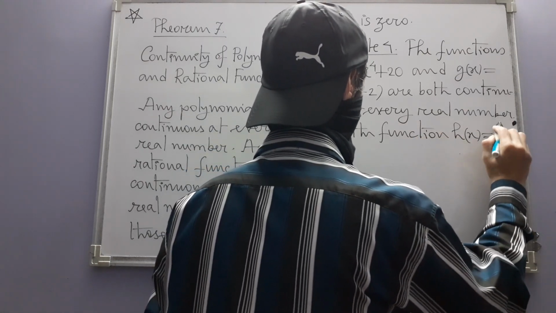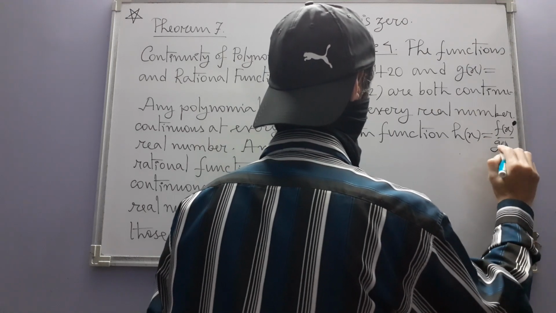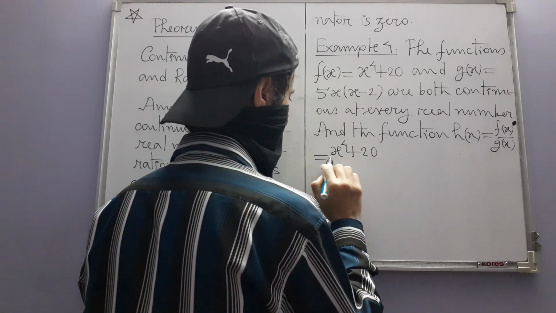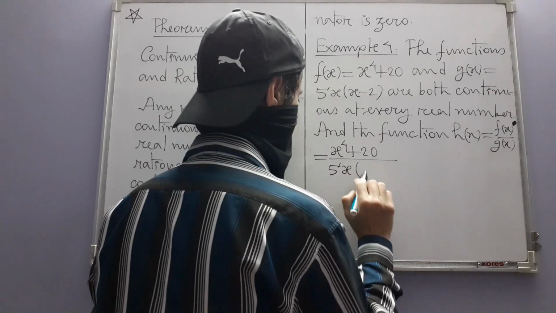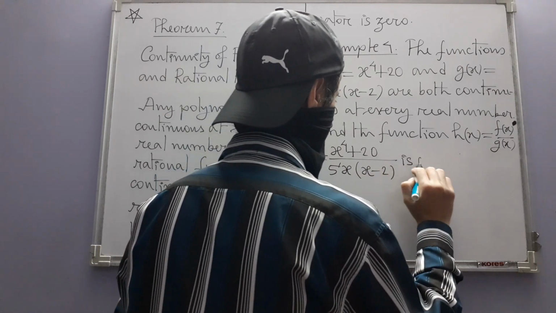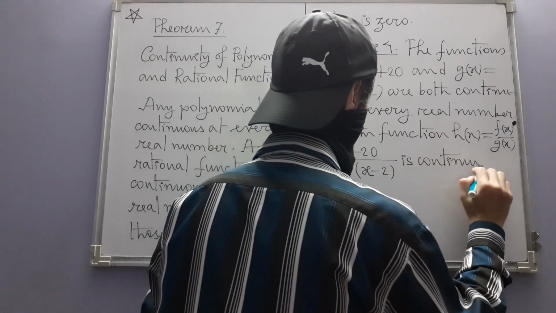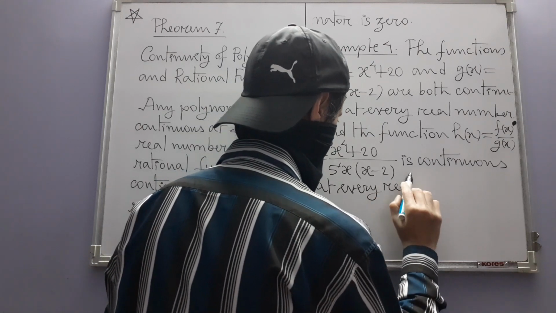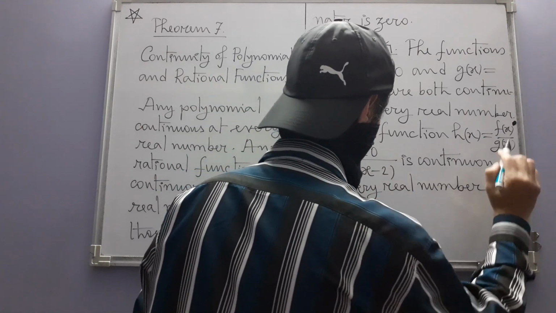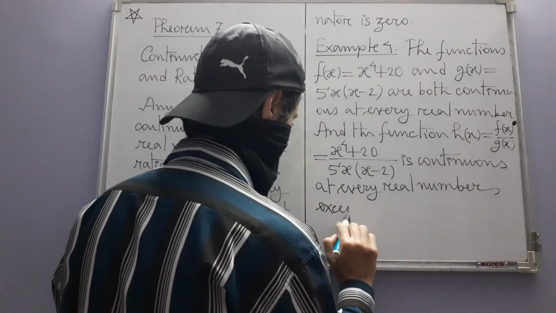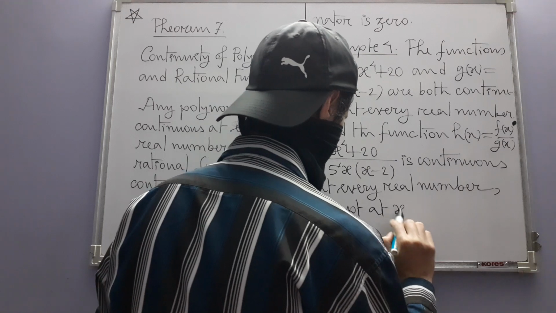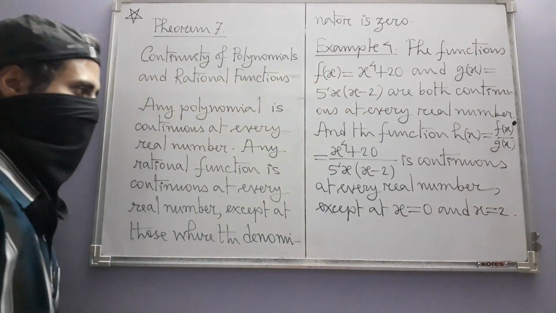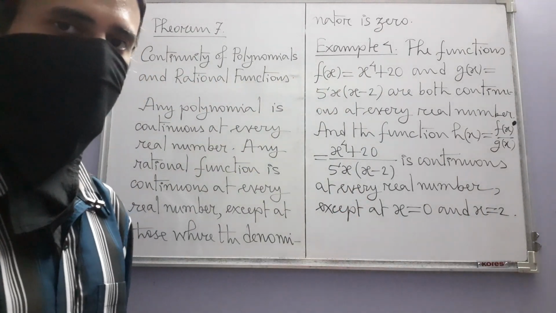And the function h(x), which is the quotient of f and g, is continuous at every real number except at x equal to 0 and x equal to 2, because at those two points the denominator is 0.